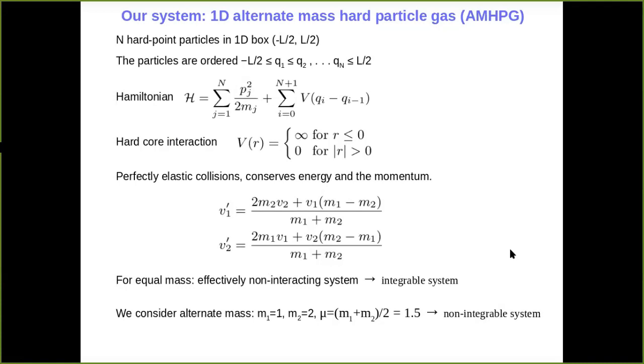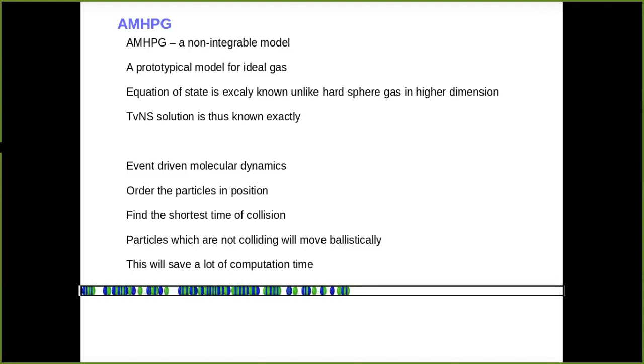Okay. In alternate mass, it is an interesting system because first of all it is a non-integrable model, and it is a prototypical model for an ideal gas. That is why we know the equilibrium state for this system.